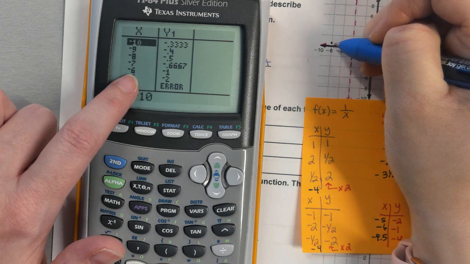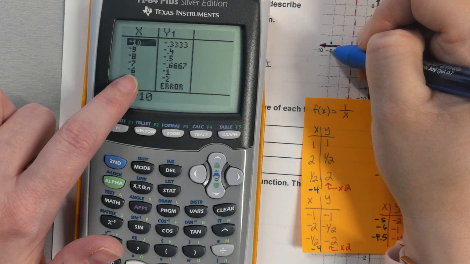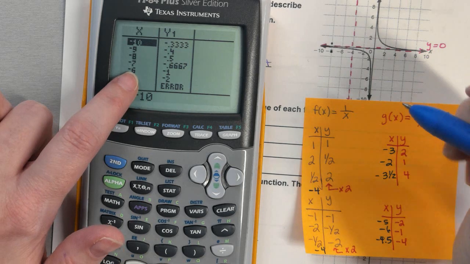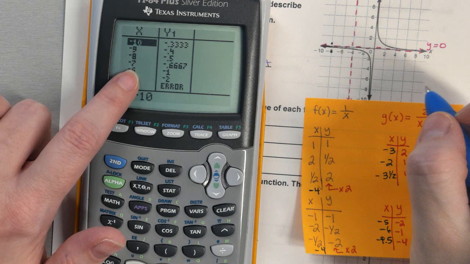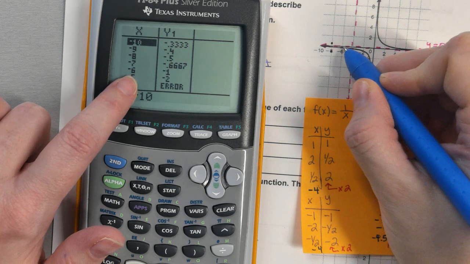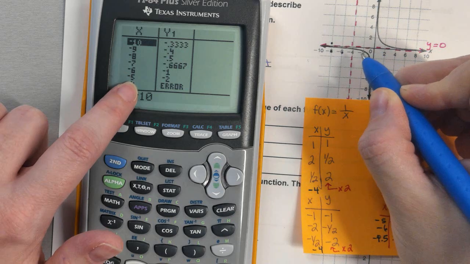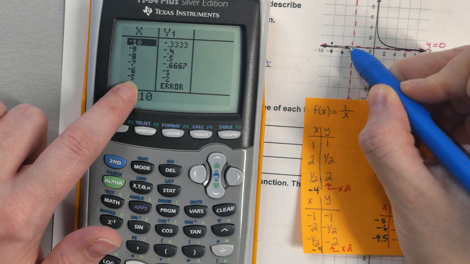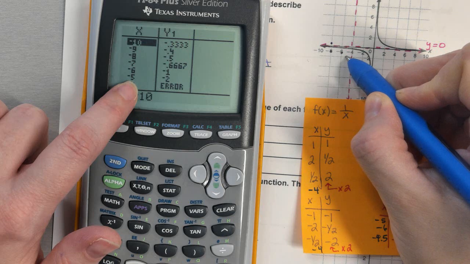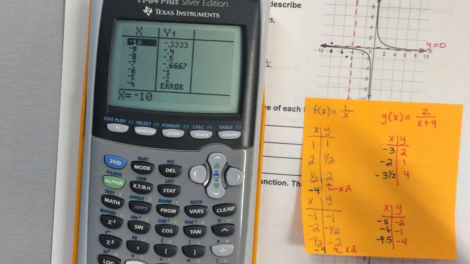It's an easy thing to mess up. What'd I do? I put it on the positive side. We want it on the negative, right? And then -5, -2, and then at -4 we have an error.